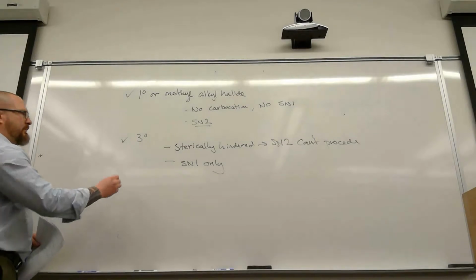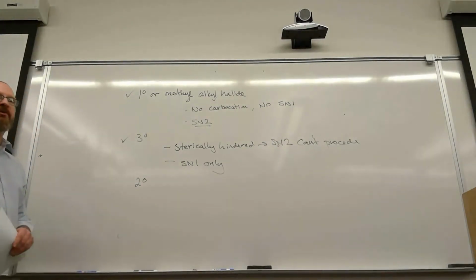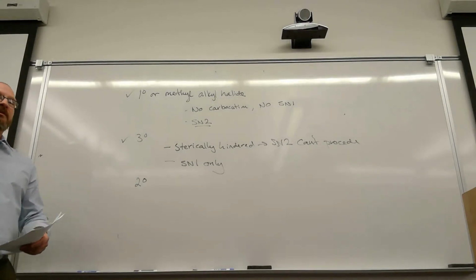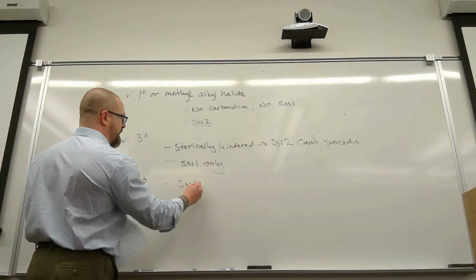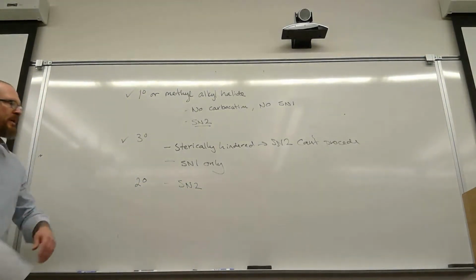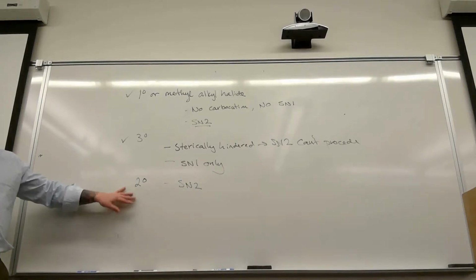What about secondary? For substitution reactions, this is going to strongly favor Sn2, because this does not spontaneously form carbocations well enough to favor the Sn1 mechanism. The rate of reaction is going to be super slow.